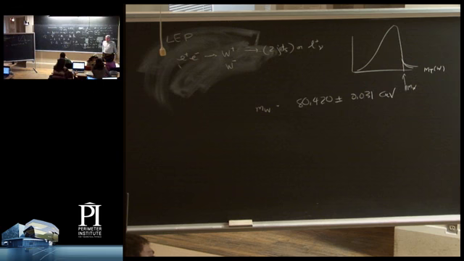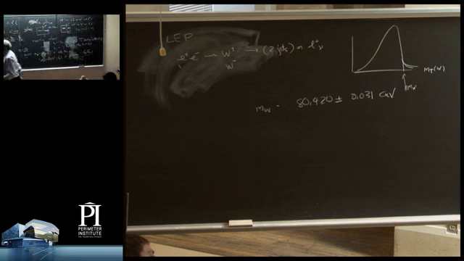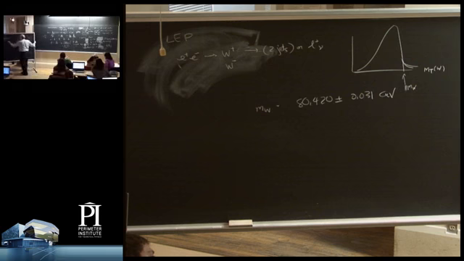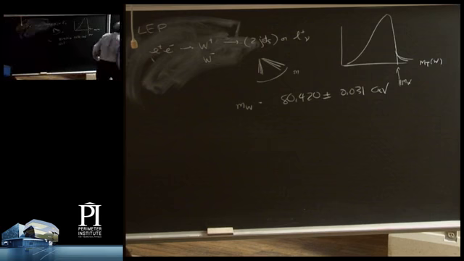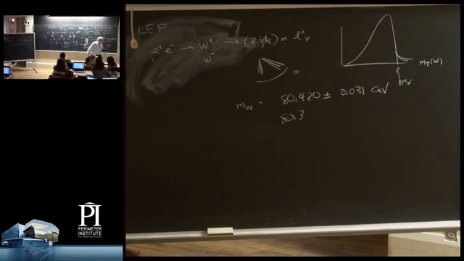The LEP experiments, then, if you have a 2-jet event, you can try and do calorimetry on that 2-jet system and just look experimentally what is the mass of that 2-jet system. And the people who do that most accurately from LEP come to a number of 80.376 with a similar error.